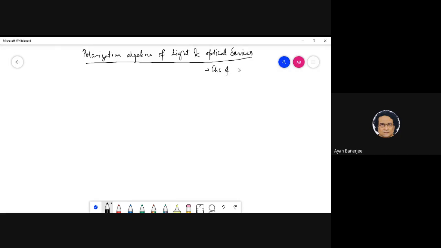This book is called Basic Wave Optics: Basic Concepts and Contemporary Trends, by Datta Gupta, Ghosh, and Banerjee.